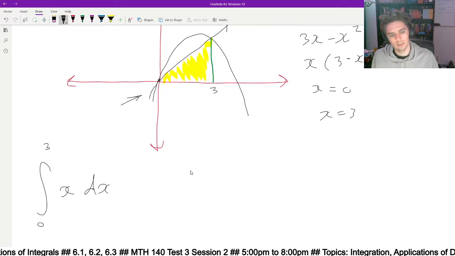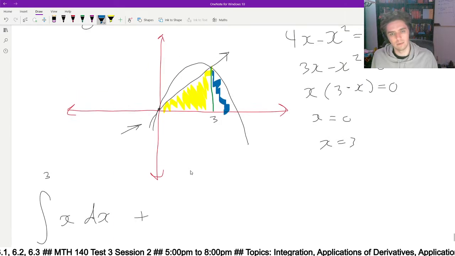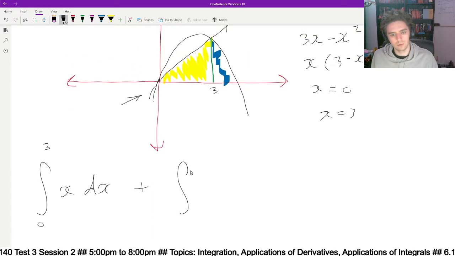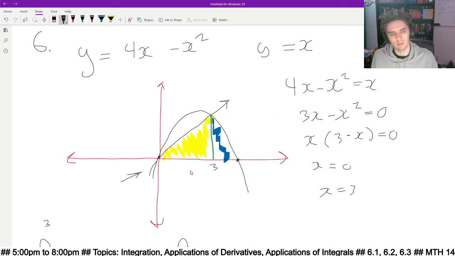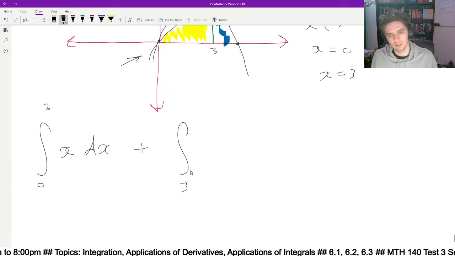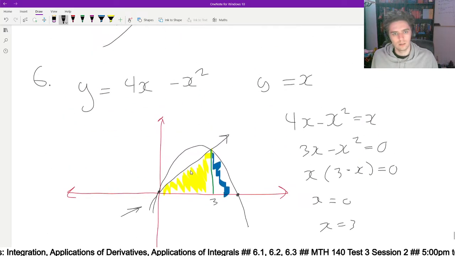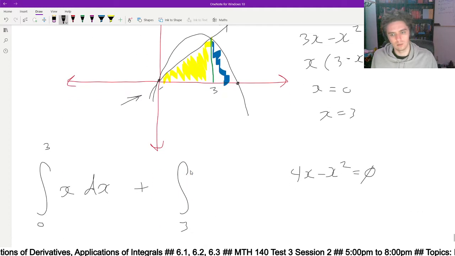So dx. And we want to add on to that this area here, right? This blue area. And so that's going to be a little bit different. That's going to be the integral from 3 to this x value. That x value is going to be the other 0 of that. So we're going to look for where 4x minus x squared equals 0, the other 0 of our quadratic function. So one is at 0.